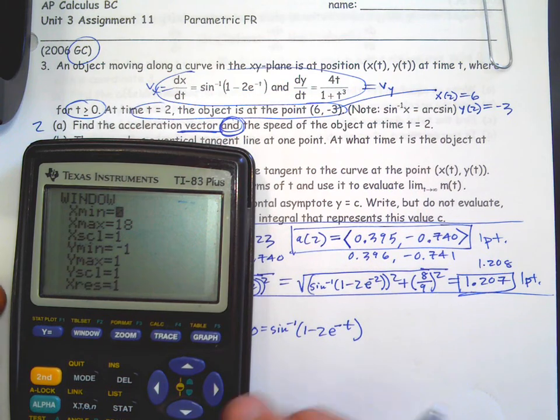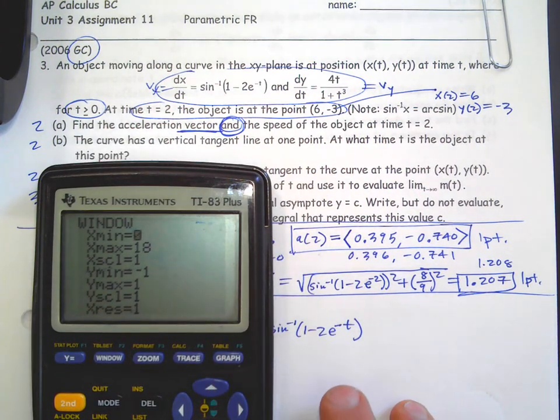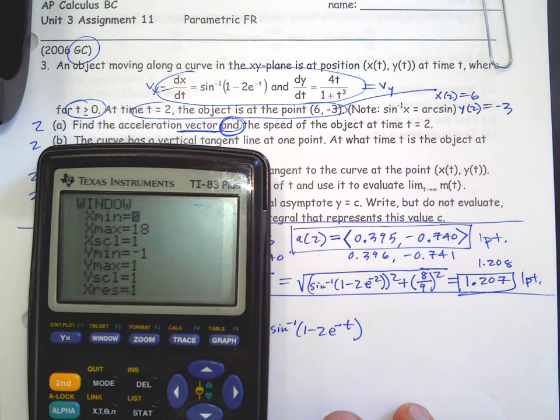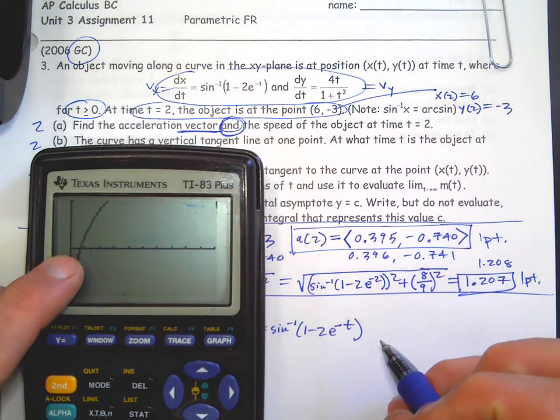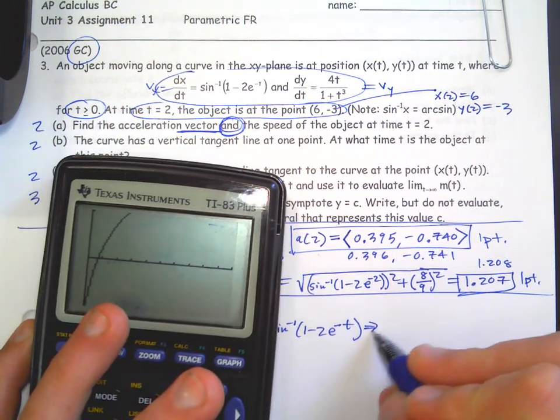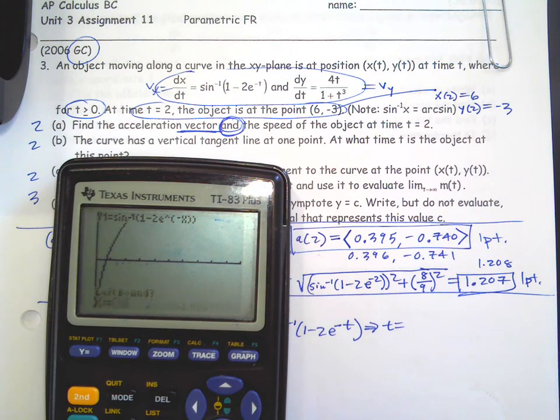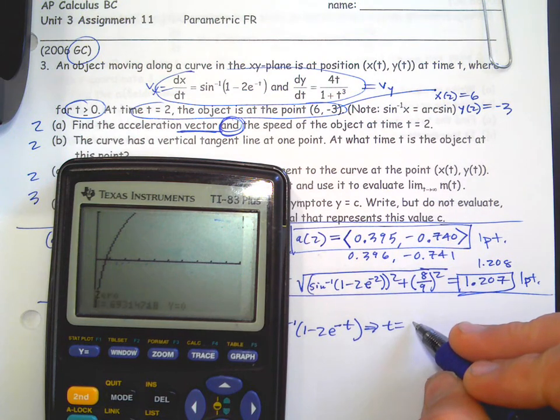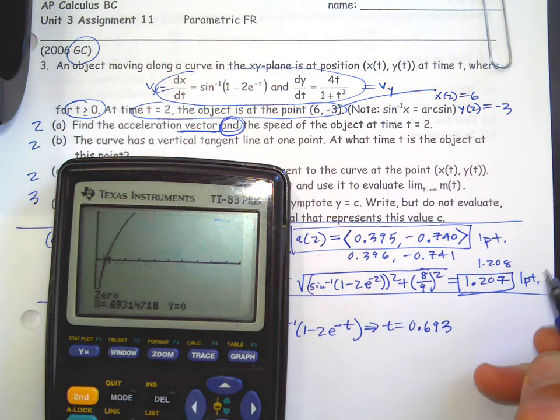I'm looking for an answer sometime 0 to 10 to start off with. Look for the x-intercept. So right there, t equals 0.693.